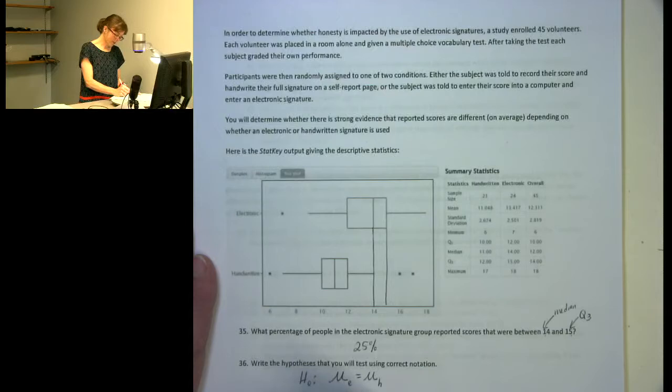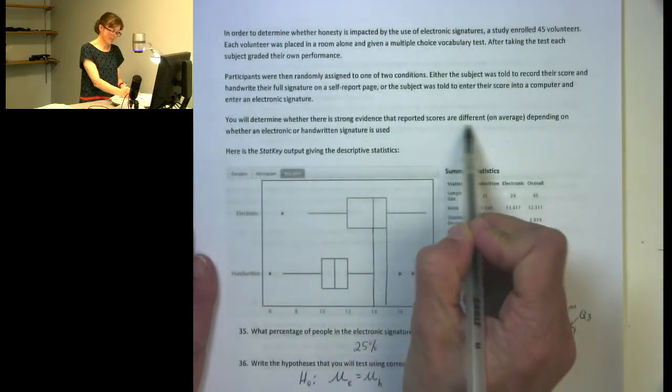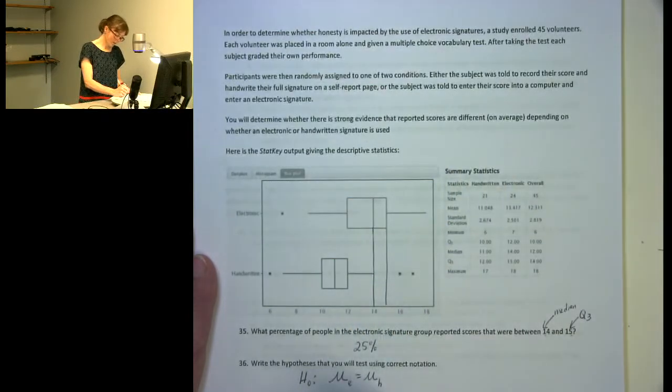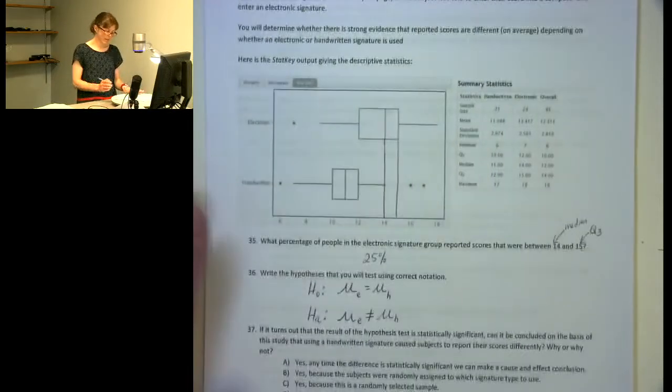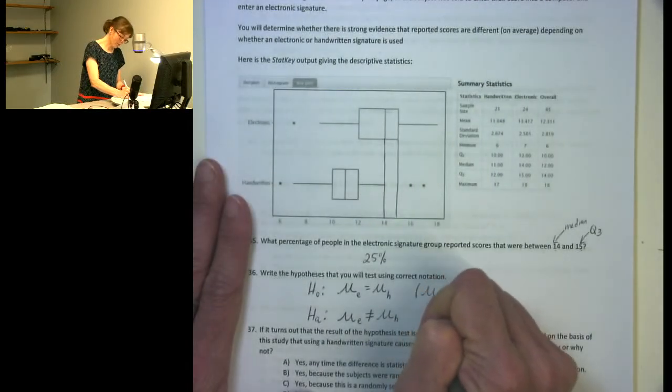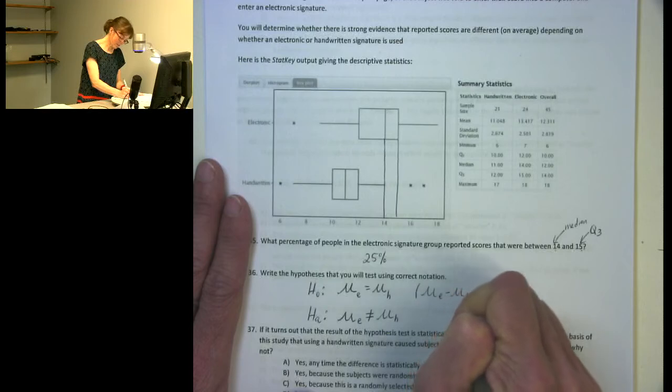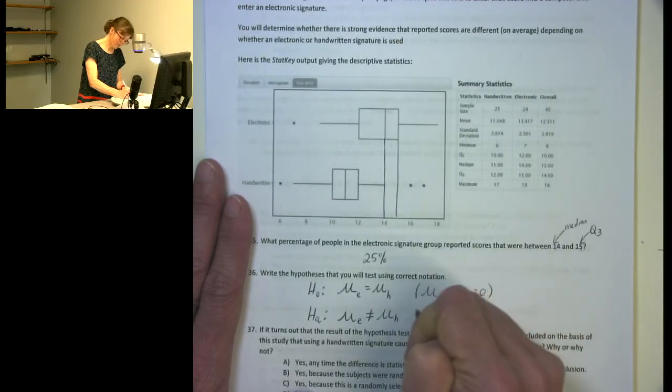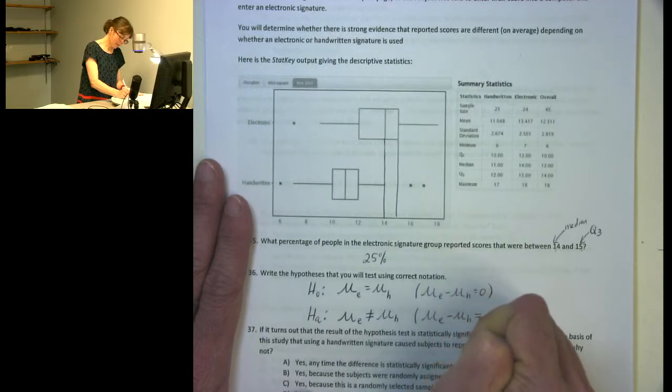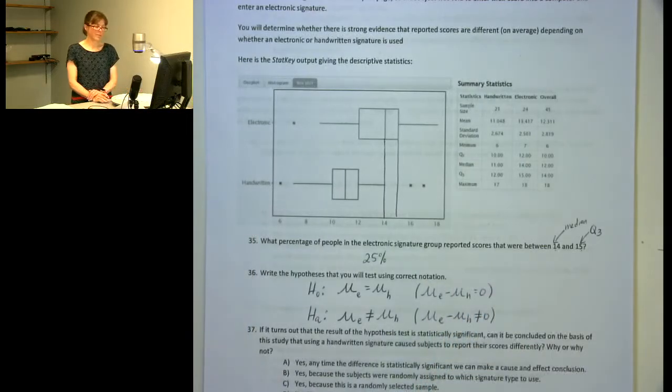Versus the alternative, we're trying to see if they're different. It's not indicating which direction the difference would be in, so that's a two-tailed test. Not equal. We could also write these, of course, as the difference in the two means being equal to 0 versus the difference in the two means being not equal to 0.